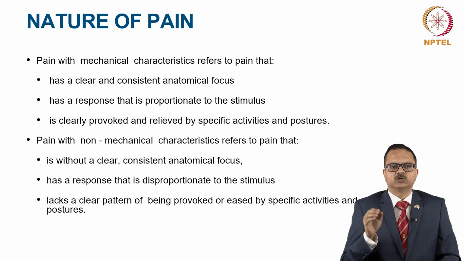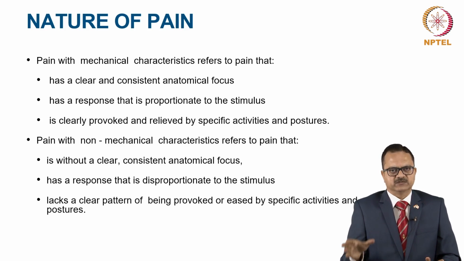If the pain does not have a clear anatomical focus, if the response is disproportionate to the stimulus, and there is no clear pattern of being provoked or being eased by specific activities and postures, then the pain is classified as non-mechanical.